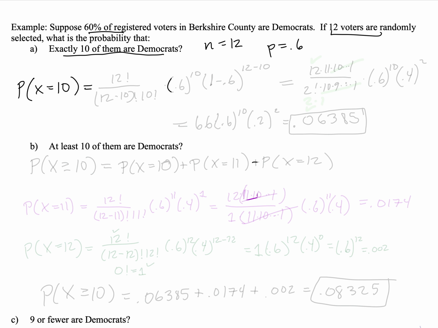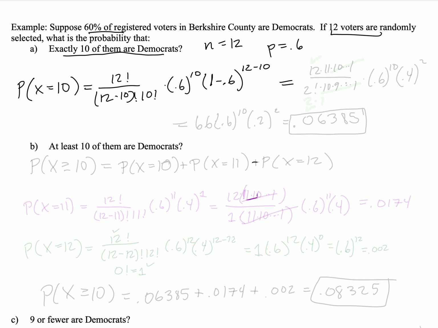So by our formula, that's 12 choose 10, or 12 factorial over 12 minus 10 factorial times 10 factorial, multiplied by 0.6, the probability of success, to the 10th power, to the k, times the probability of failure, 1 minus 0.6, to the 12 minus 10th power.